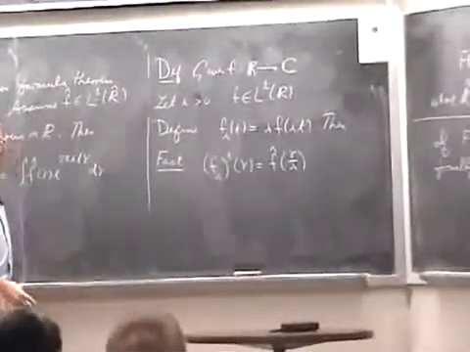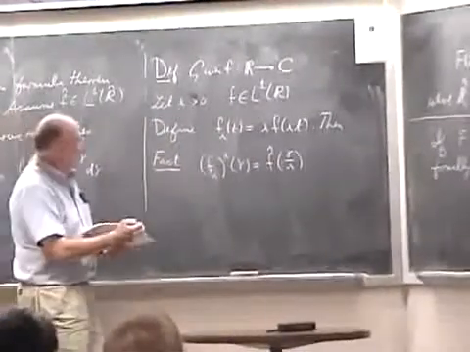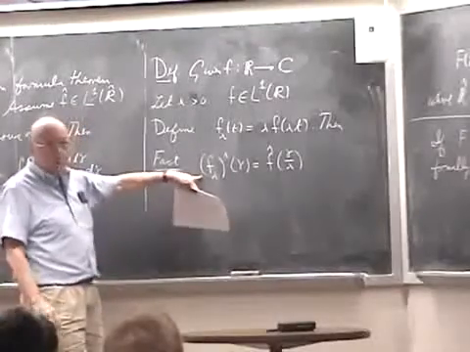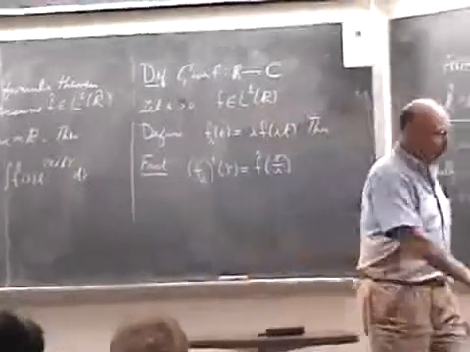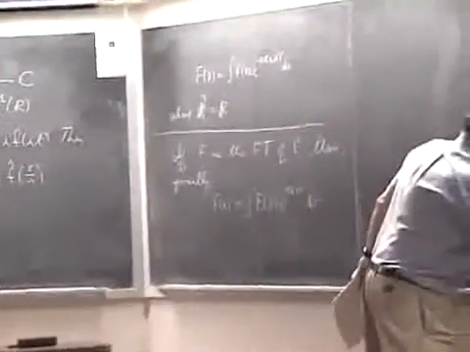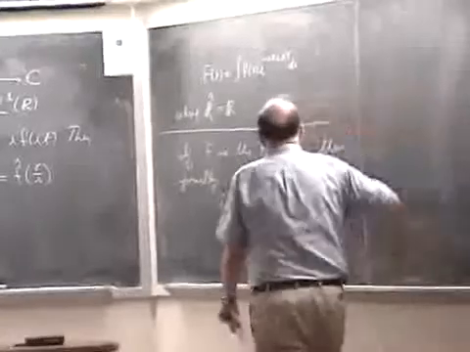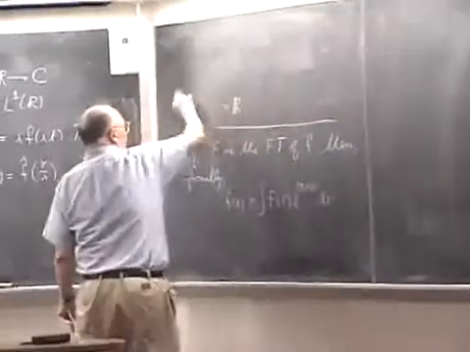Now, there are different types of dilation. Here I've done this because this will preserve the L1 norm, but we'll also use it with the L2 norm. So let me just write down for our convenience another one.